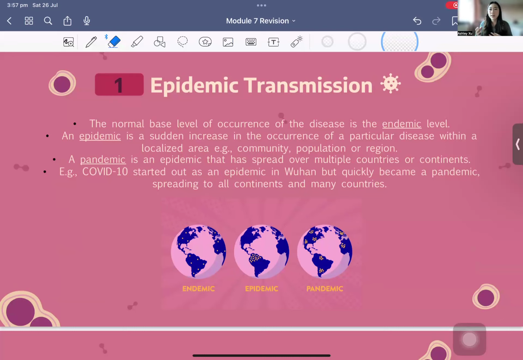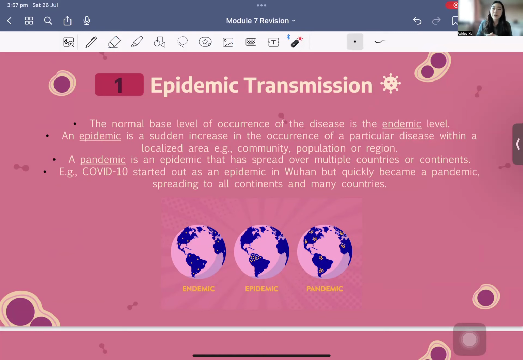But as long as those cases don't have a very big spike, for example, if the baseline every year we have 5 cases per year, we are expecting those 5 cases per year. They're not going to be eradicated. But if suddenly there is now 50 cases or 5,000 cases, then that is not normal. We call that an epidemic. So endemic is that baseline level that happens every year, the kind of normal level.